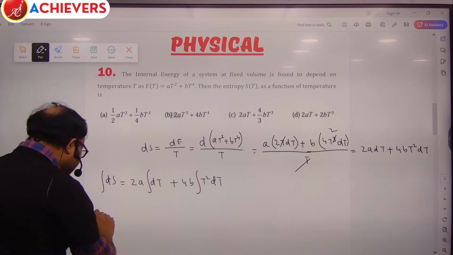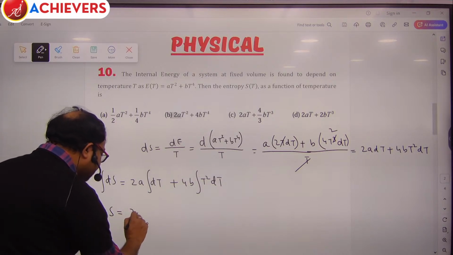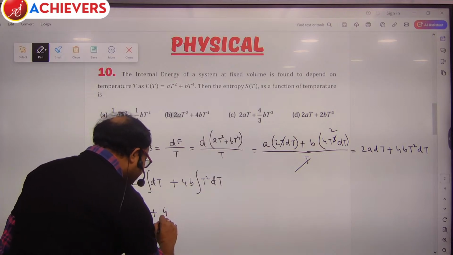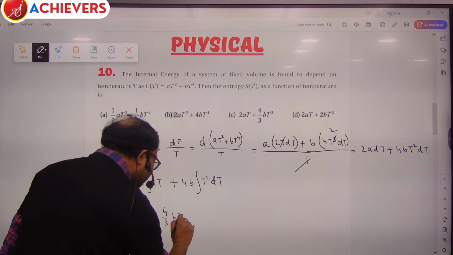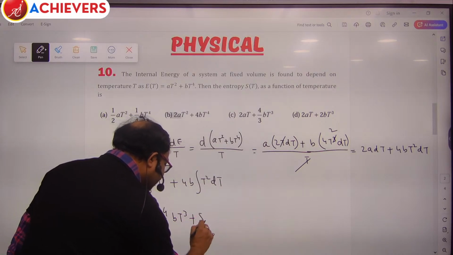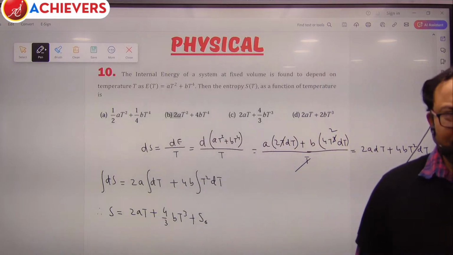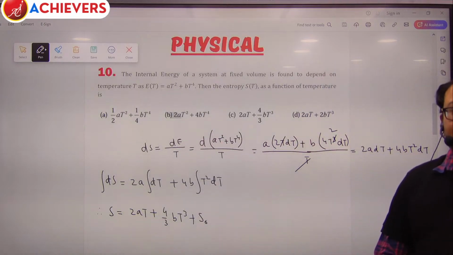So you get S equal to 2at plus 4/3 bt cube plus some integration constant S naught. S naught is the constant of integration.